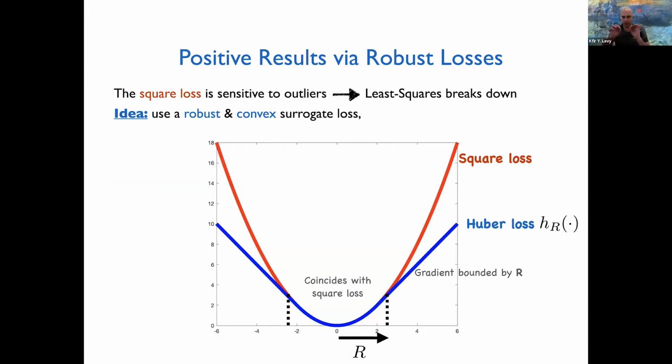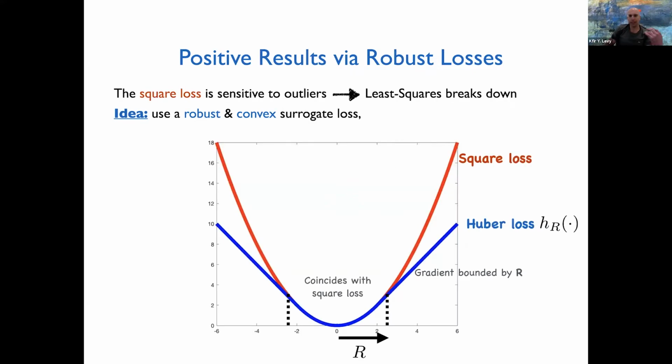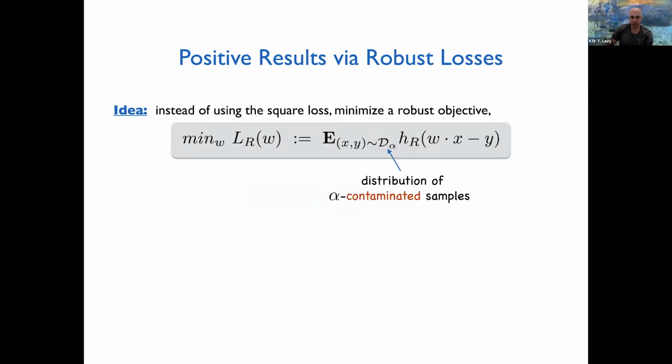So actually, the Huber loss is a parametric loss. We have a parameter R, and we can choose this parameter R as we wish. Our approach to handling this robust learning problem is to adopt the approach of Huber and use this robust loss as a surrogate for the square loss.